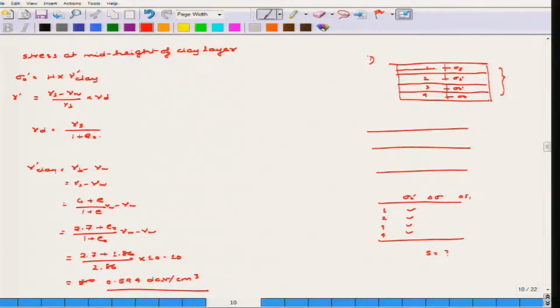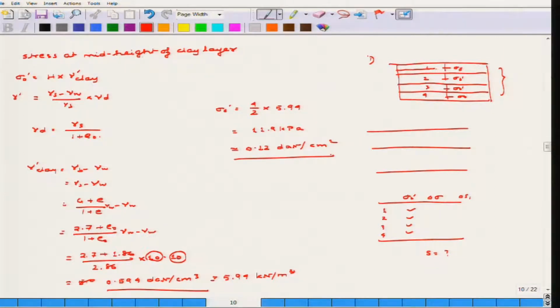Okay, so this may not be 10. So sigma naught dash, at mid height of the clay layer, is obviously 4 by 2 into 5.94. If this is in 10, this comes out to be 5.94 kilonewton per meter cube, sorry. So this is equivalent to 0.12 daN per centimeter square.